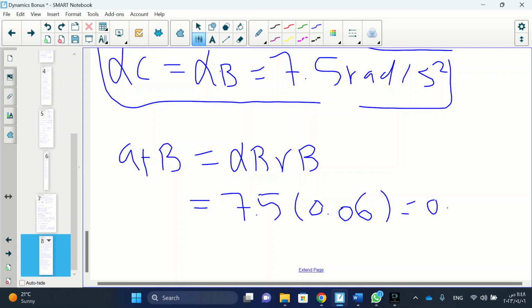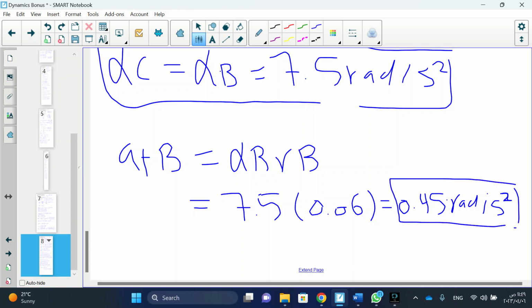It should give you 0.45 rad per second squared. Okay.